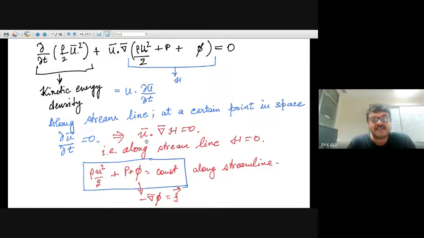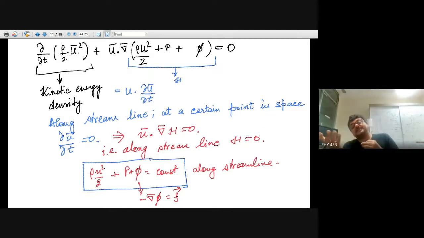And in that case, yeah, so if del u del t equal to 0 for a steady flow, holds only for steady flow, then u dot grad h, where h is this quantity, equal to 0. In general, velocity field is not equal to 0, right? And then grad h has to be 0, which means that h, whatever is there inside this bracket on which gradient was acting, now does not change.